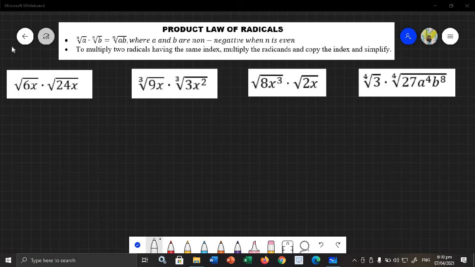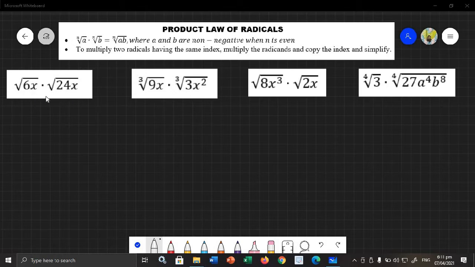Let's solve the first one. As you can see, the first thing that you are going to do is to observe the index or the root. If they have the same index or root, therefore you can multiply the radicands and simplify if necessary.